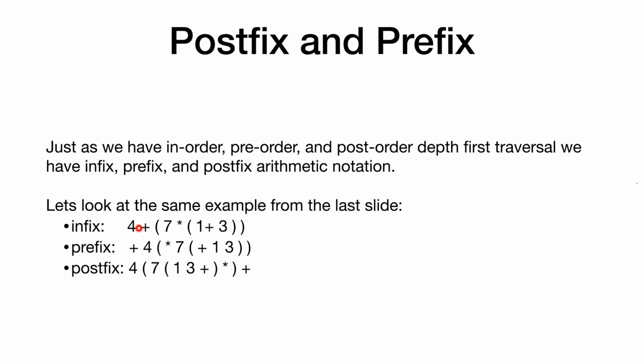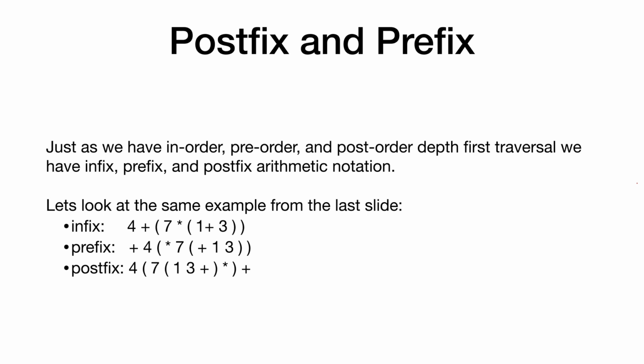With postfix, instead of moving the operator to the front, we're going to move it to the back. So we have some value, some 4, and we're going to operate on a 4 and some other value. Again, a 7 and some other value to do multiplication, the 1 and the 3 to do addition.